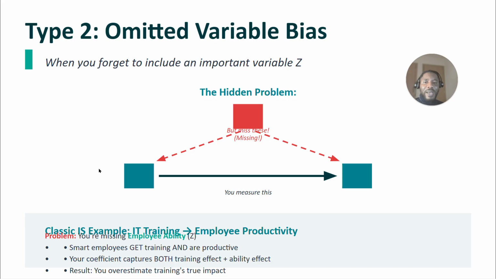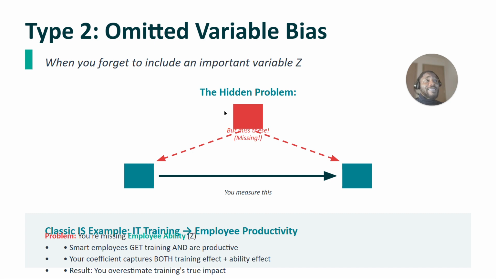Smart, capable employees are more likely to be selected for training in the first place, which affects X, which is IT training. They are also more productive, which also affects Y, the productivity.